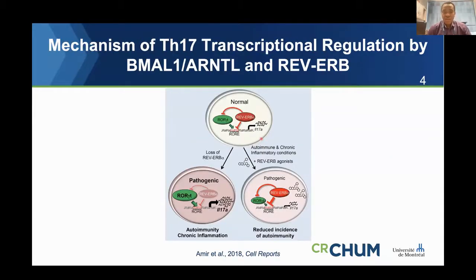In the context of TH17 cells, the same mechanisms are conserved. Indeed, RORγt is a master positive regulator of TH17 effector functions, while REV-ERB competes with RORγt to bind to the ROR response element and negatively regulates TH17 features.